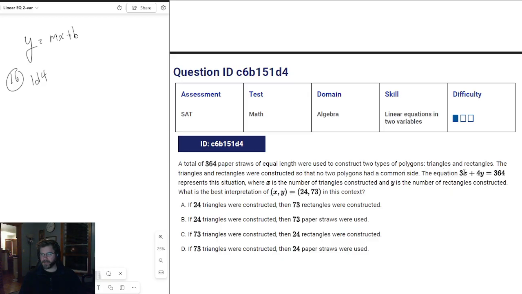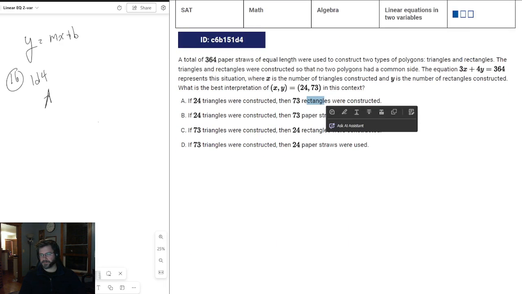Because that's x and y. I don't think this equation really means anything. Because that's the total number of paper straws, apparently. So 24 triangles are constructed, so it's either A or B. 73 paper straws were used? No, 364 paper straws were used. So it's got to be A. Just an interpretation question. Don't overdo it.